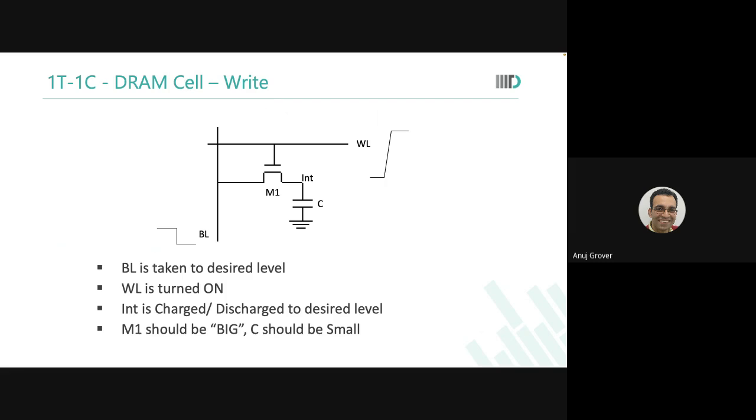Because leakage is a very, very critical issue with DRAMs, what you could also do is use a very high VT device for the pass gate, or you could use a thick gate oxide device for the pass gate, so that leakage is not there. But as soon as you go to that kind of a VT or gate oxide, you need higher voltages to turn those devices on.